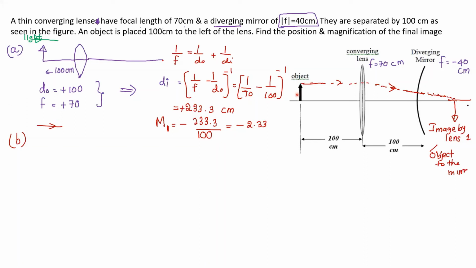So this is the object to the mirror, and the mirror will produce an image for this object. So I'm going to draw a separate diagram for the mirror.